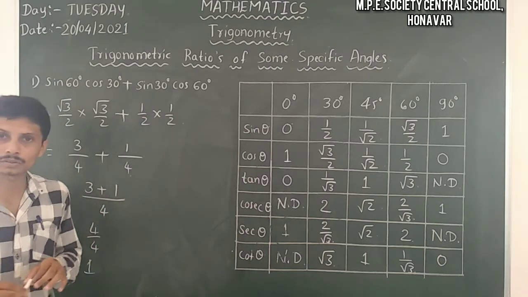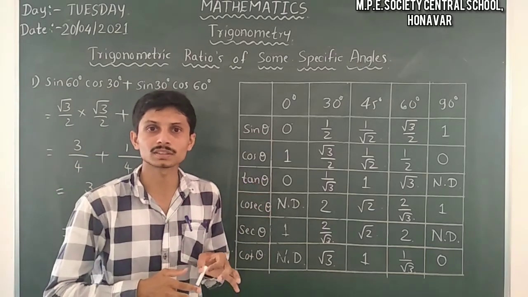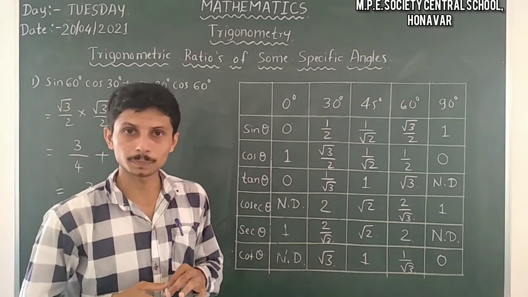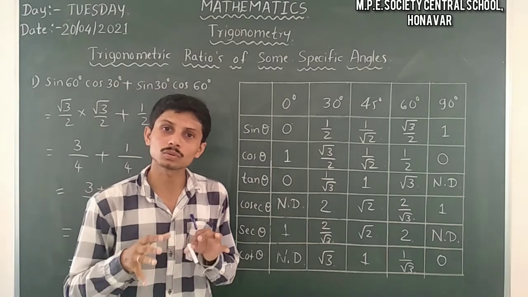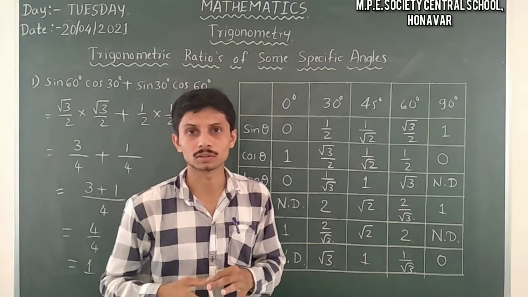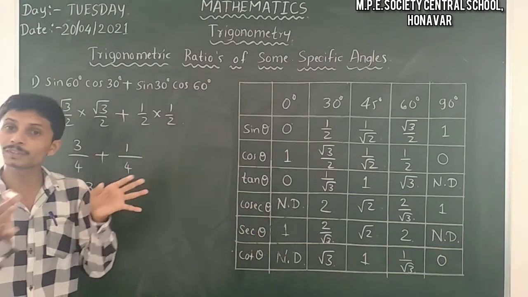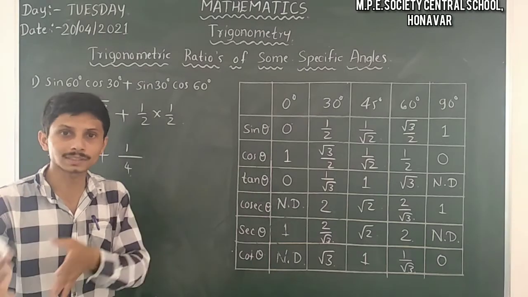Likewise, wherever there is a trigonometric function with specific angles, you have to substitute all those values in the respective positions, and then solve it. In the first step you substitute all those values. If simplification is possible, you can simplify.